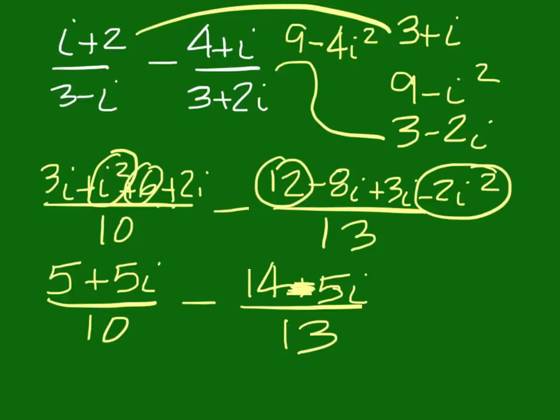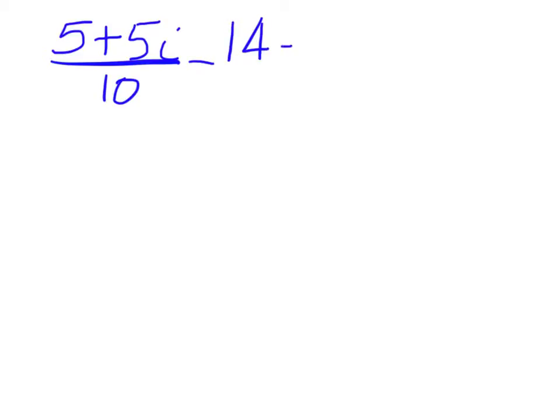Alright, so from the last page we ended up with (5 plus 5i) over 10 minus (14 minus 5i) over 13. We need a common denominator of 130, looks like. So I need a red marker now. There we go.